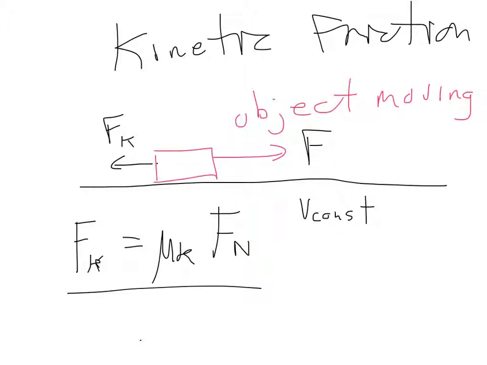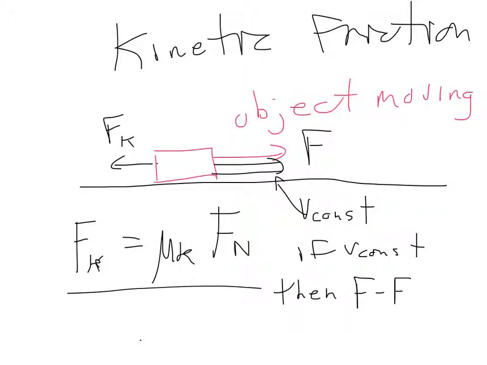If the speed is constant, I'll show speed as the double arrowed vector there, then the two forces cancel, and there is no net force acting on the object. So in that case, the kinetic friction force is equal to the force that you're pulling on the object.